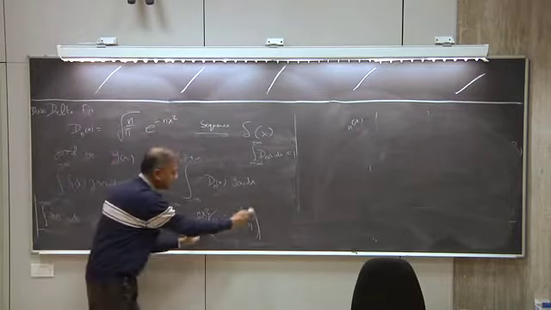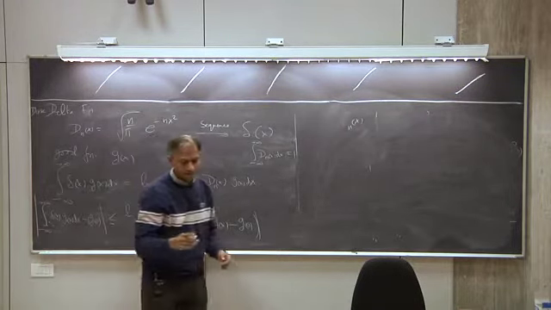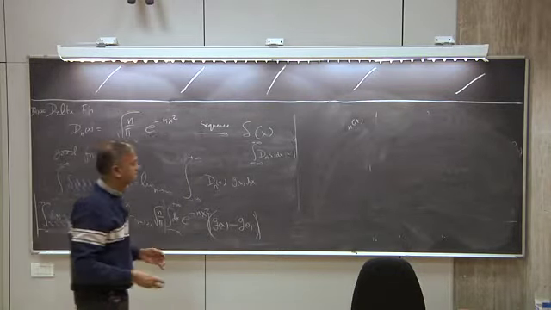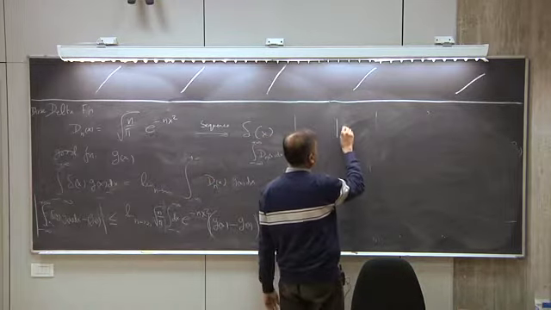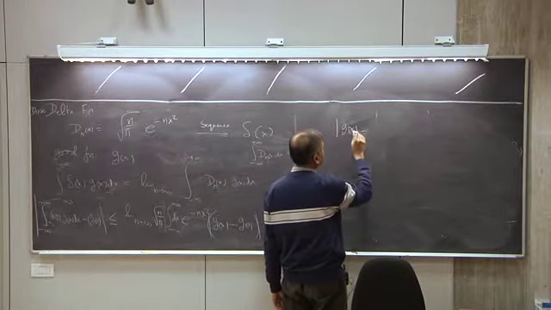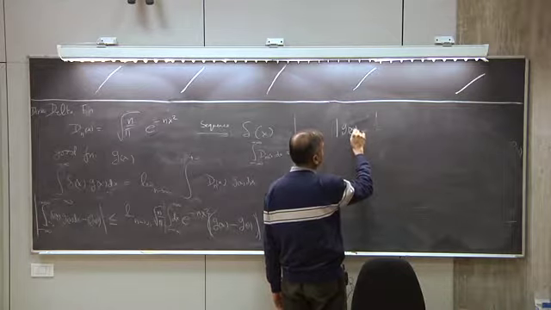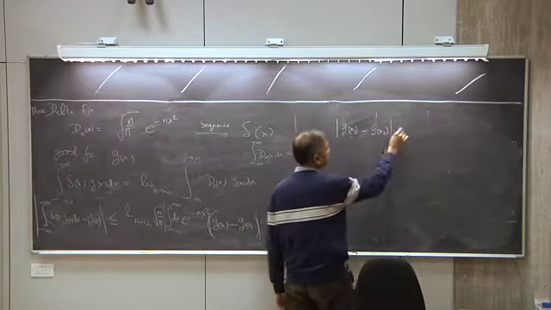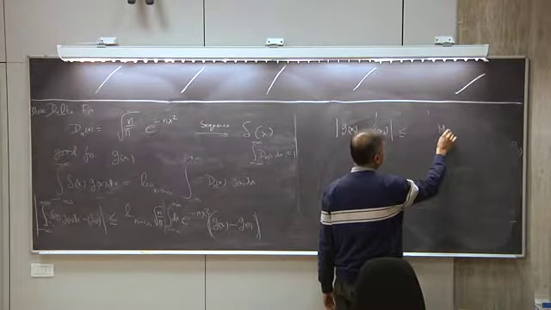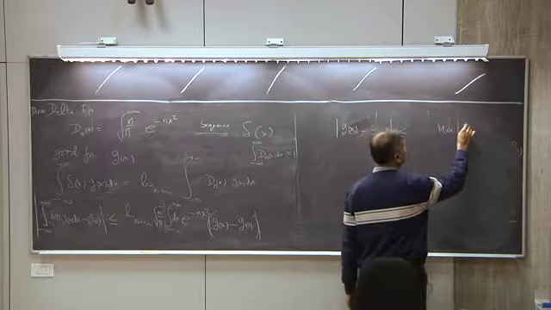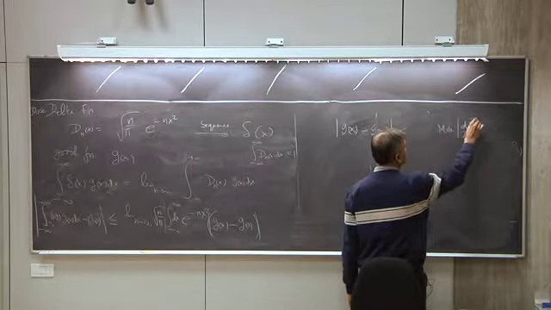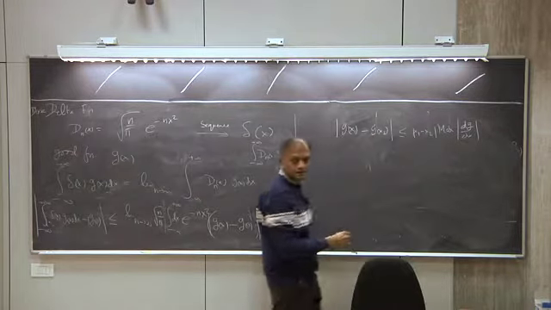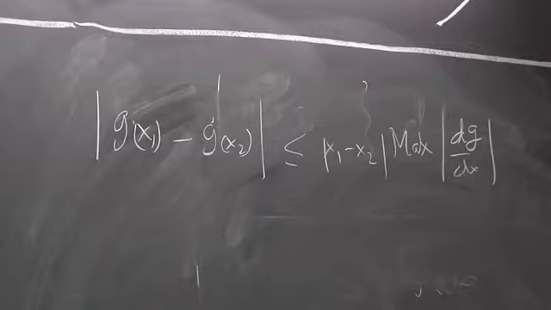But then I rewrite it this way because, remember, in proving that theorem that the Fourier transform of a good function is a good function, we used this statement that g(x1) minus g(x2), in general, is less than or equal to the maximum of dg by dx times x1 minus x2. You remember we used that thing.